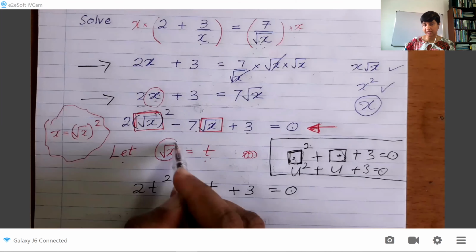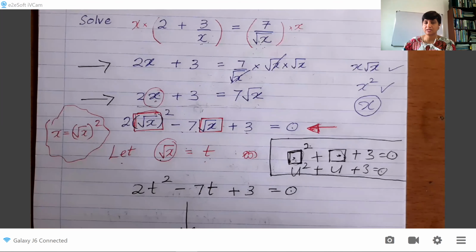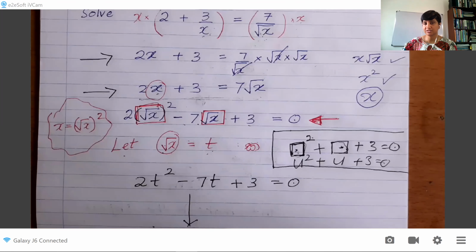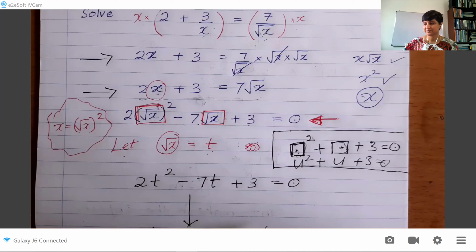I'm calling root x with one letter, t or m or n or whatever. Then my equation became 2t squared minus 7t plus 3 equals 0, and that is a perfect, beautiful, nice, plain quadratic equation. And I know how to solve that. And I solved it. I got the 2 answers for t.